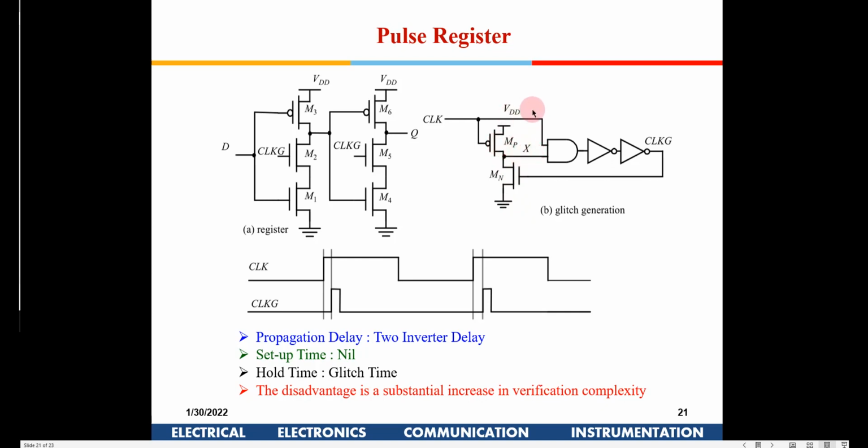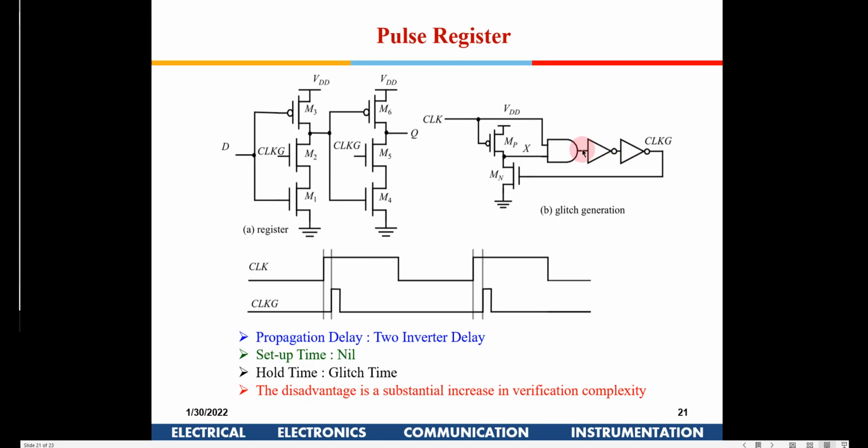And when the clock is going high here, this NMOS will be switched on, but at that instant it is not yet switched on, so you have both 1 and 1 here. So this 1 1 will create a 1 here, this 1 will create a 0 here, this 0 will create a 1 here, and now that will switch on this transistor here, and this node will get discharged to 0, and that will put in 0 here now.